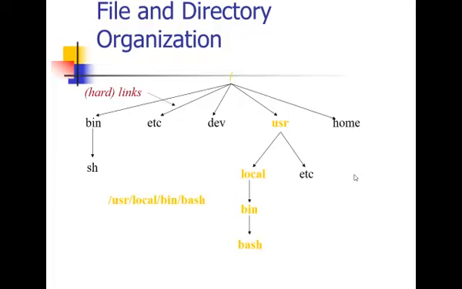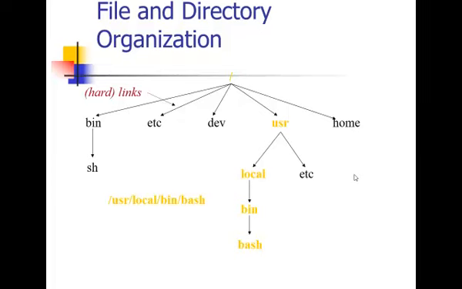So this is the file structure and how it is organized in the Unix or Linux system. Linux will have a single directory, a single file tree structure, right? Starting from the root, we create the directory structure.